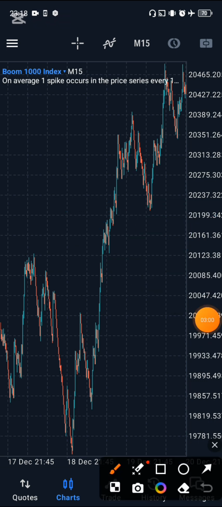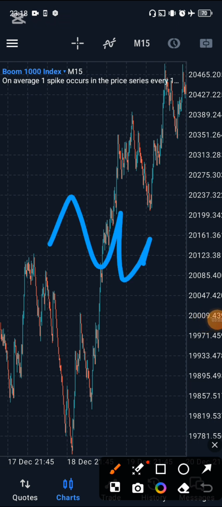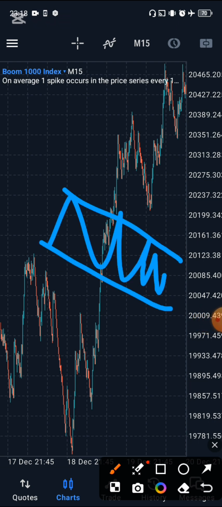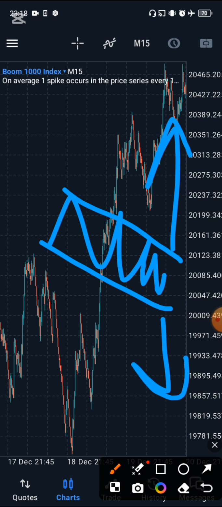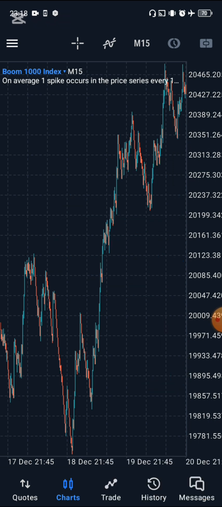So when you see the market consolidating, know that just after that consolidation you are going to get a large move, either up or down. That's what you have to be looking for. You can draw your trend lines in order to get those.